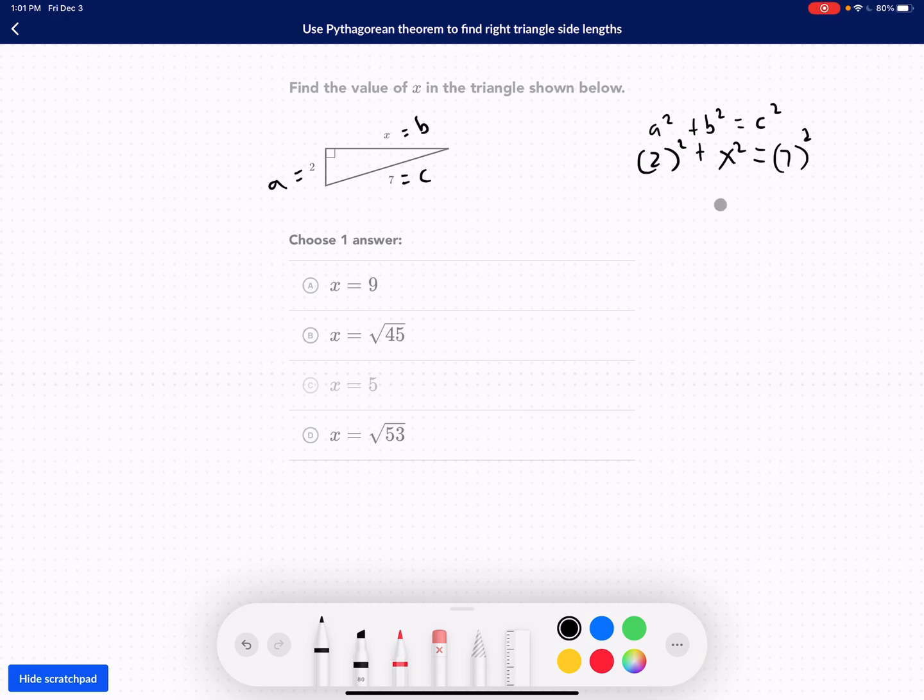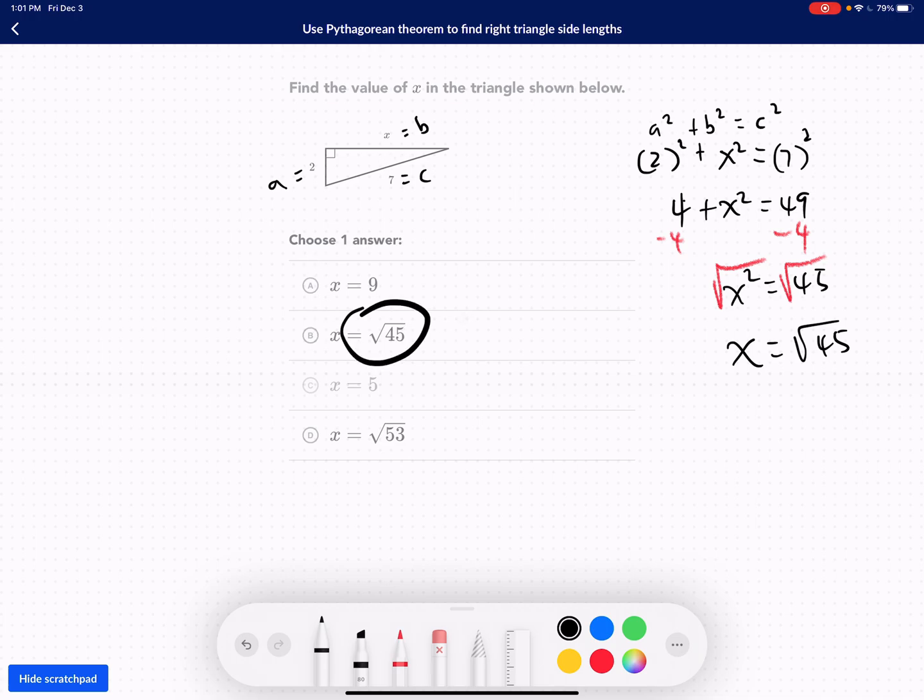So 2 squared is 4. x squared is equal to 7 squared, which is 49. And we subtract 4 on both sides. And then we got x squared is equal to 45. And then we take the square root on both sides. And we got x is equal to square root of 45. And that's my answer right there.